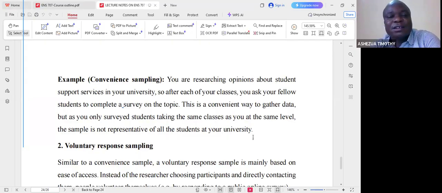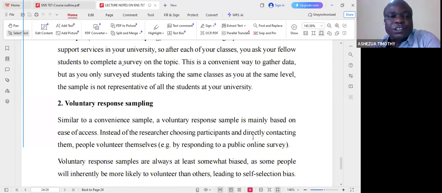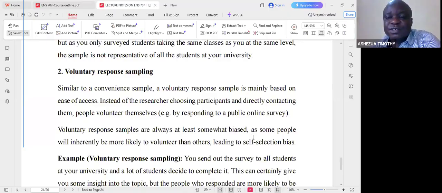I'm not being fair because I just chose students of ENS 707, asked them a few questions and I'm generalizing. It's not representative of the entire university.